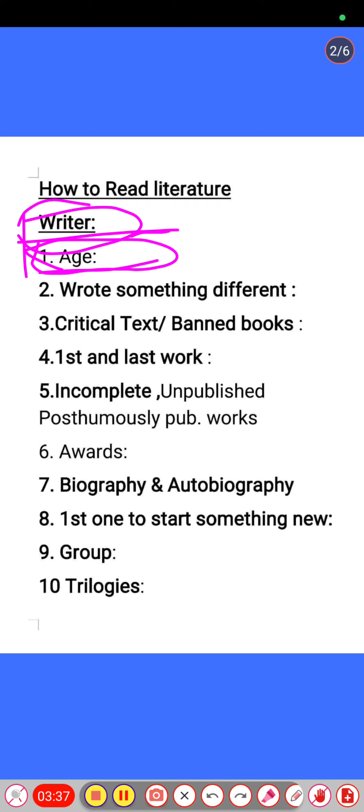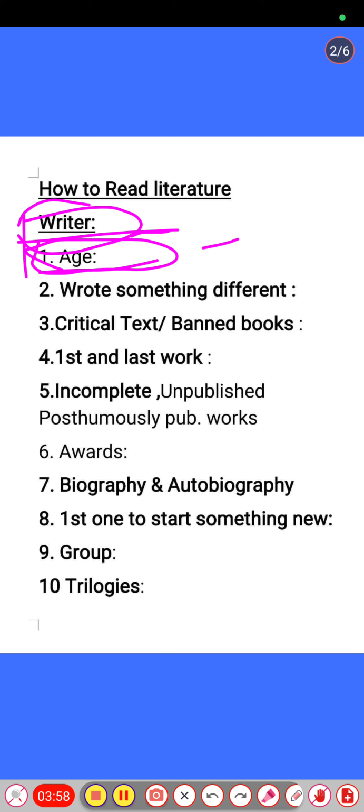So you need to pay attention to which age the author belongs to. Just like questions were there on pre-Raphaelites, Victorian age, late Victorian, early moderns, middle English period. So you must be aware when you are reading any writer which era that writer belongs to.